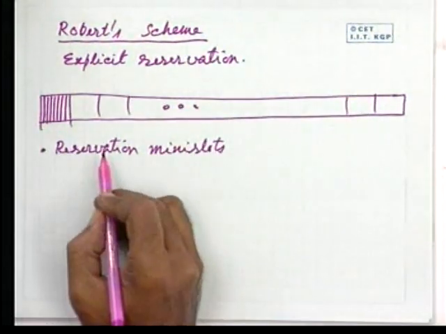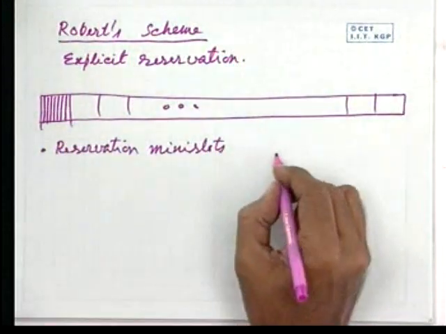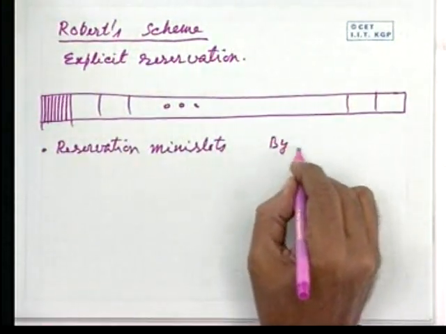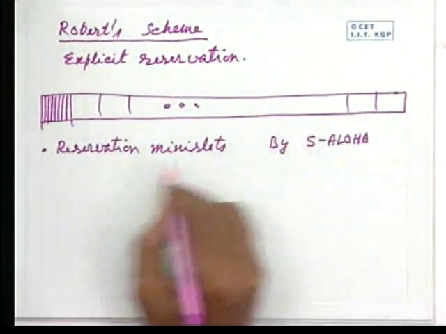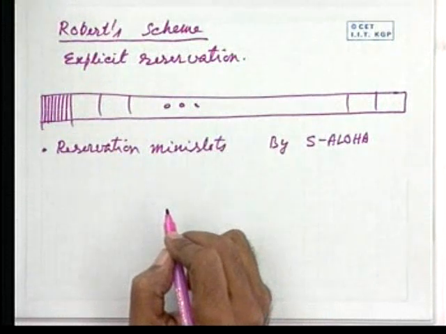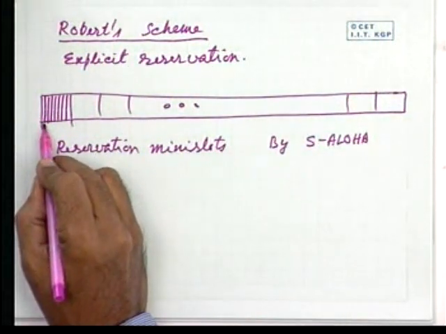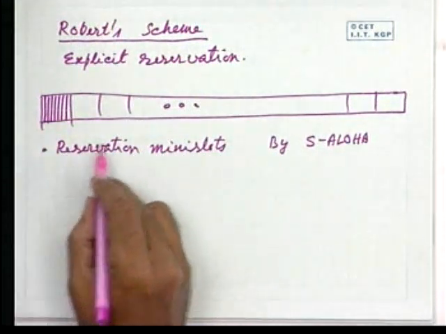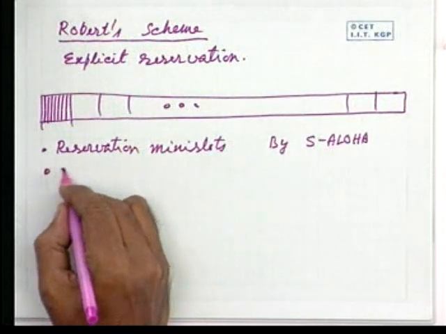What is being done in these reservation mini slots by using S aloha, different stations try to send their packets and perform reservation, and a common queue is maintained.